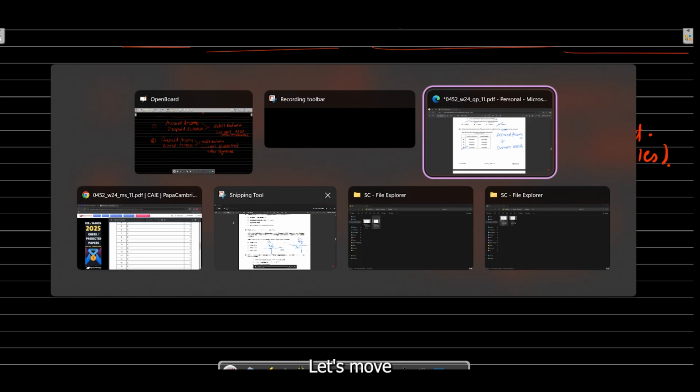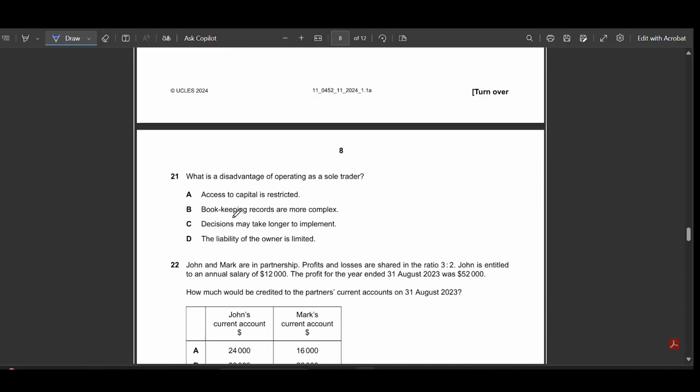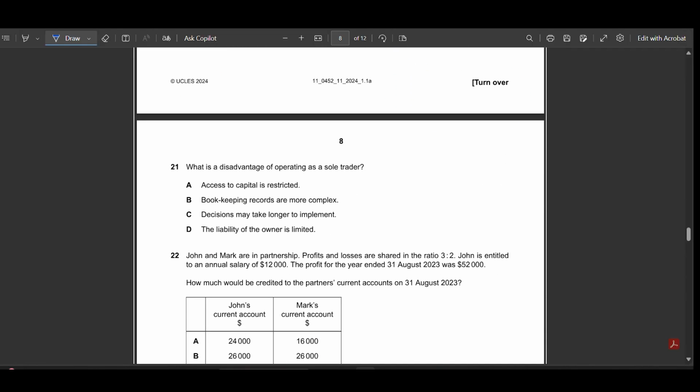Alright, let's move ahead with the next question now. What is the disadvantage of being a sole trader? Again, an easy question. Access to capital is restricted. Okay, that's true. Bookkeeping records are more complex. No. Decisions take longer to implement. That's absolutely wrong.